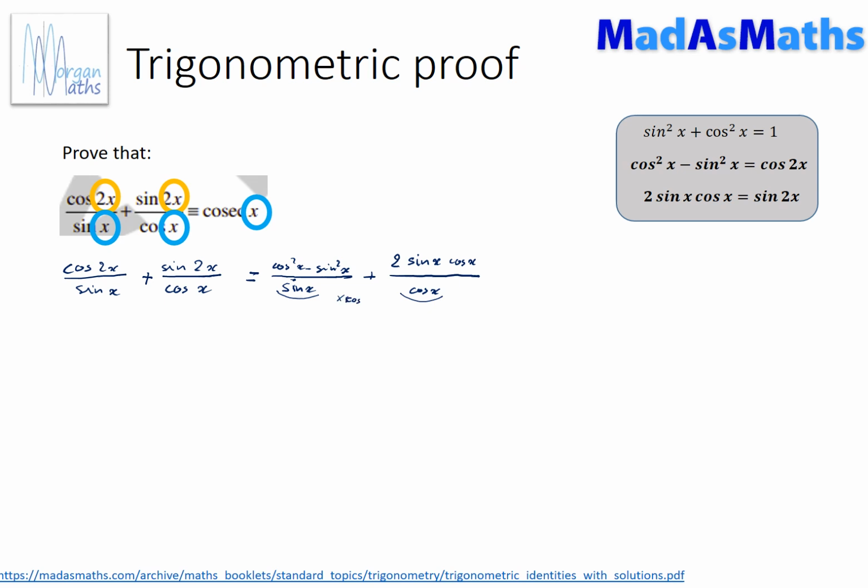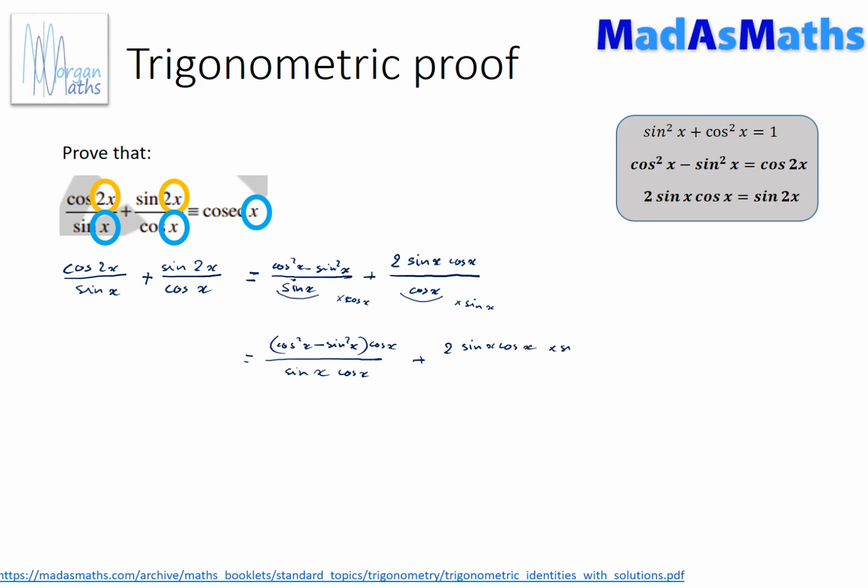Well, if I have two fractions that I'm adding with different denominators, then I'm going to start by making the denominator the same. So I'm going to multiply the first fraction by cos x. I'm going to multiply the second fraction by sine x. Whatever I do to the top, I do the same to the bottom, and vice versa. So this means that now this cos squared x minus sine squared x is going to be multiplied by cos x, and I will have a denominator of sine x cos x.